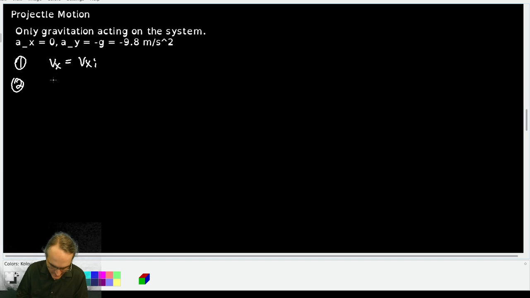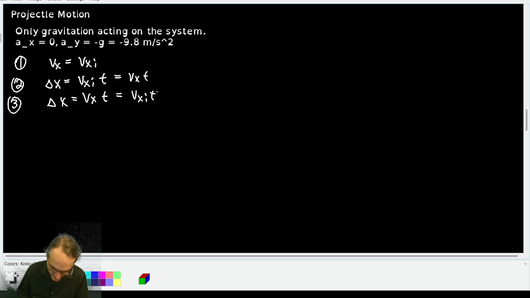And in the x direction, a lot of these equations get very boring. So it would basically be Vx initial times t, no acceleration. The third equation looks identical because Vx initial is just equal to Vx. So those become very boring.